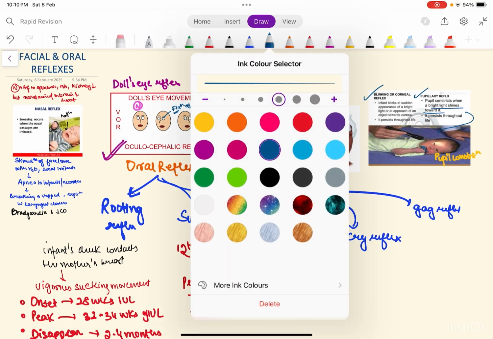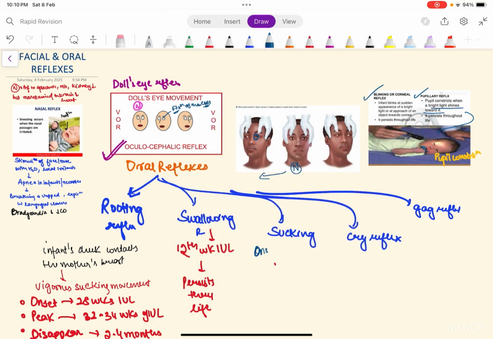In the sucking reflex, you have to remember onset, peak, and disappearance. Same as 28 weeks of intrauterine life, well established in 32 to 34 weeks of intrauterine life, and it disappears after about 12 months.